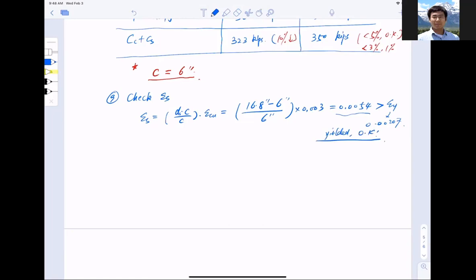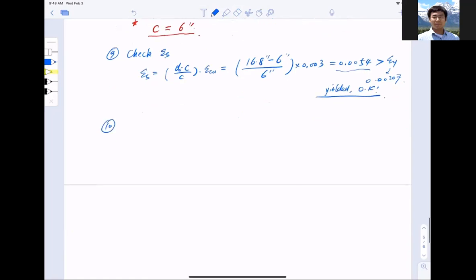All right, and now step number 10. I need to check my Mn, right? So Mn equals compression Cc multiplied by (ds minus a/2) plus compression Cs multiplied by (ds minus ds prime).